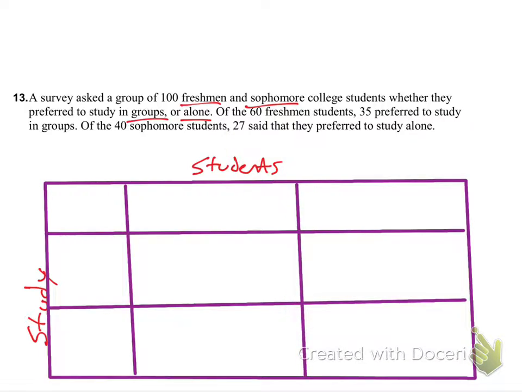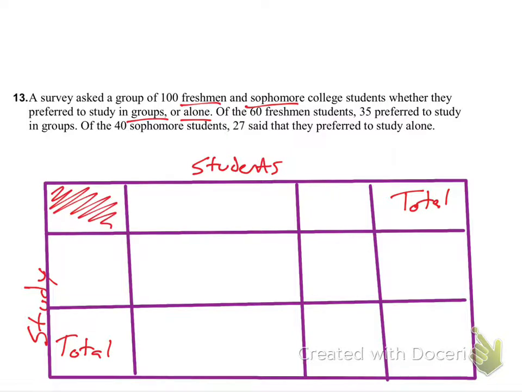Actually, I need to draw one more here, because that's going to tell me the total, and then my bottom left one is total, and my top left is just blank. In my students, there's two subcategories, right? There are freshmen, and then there are sophomores, and then what I forgot to do is add one right here.